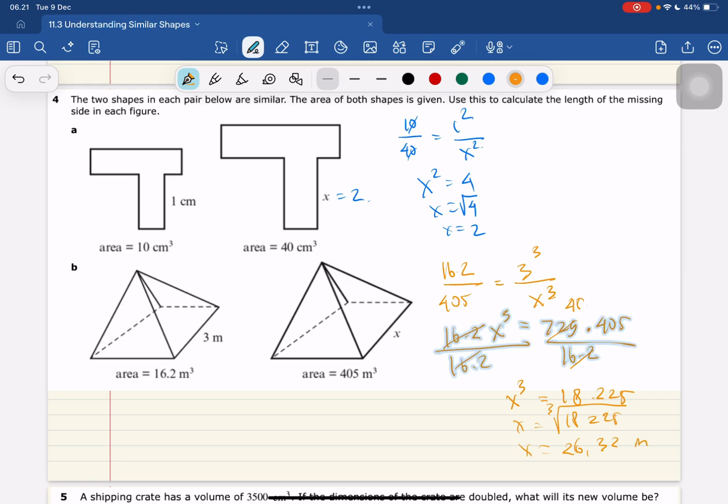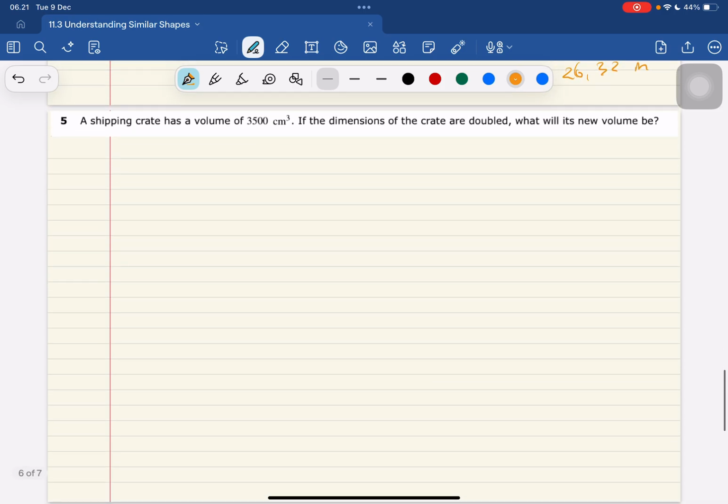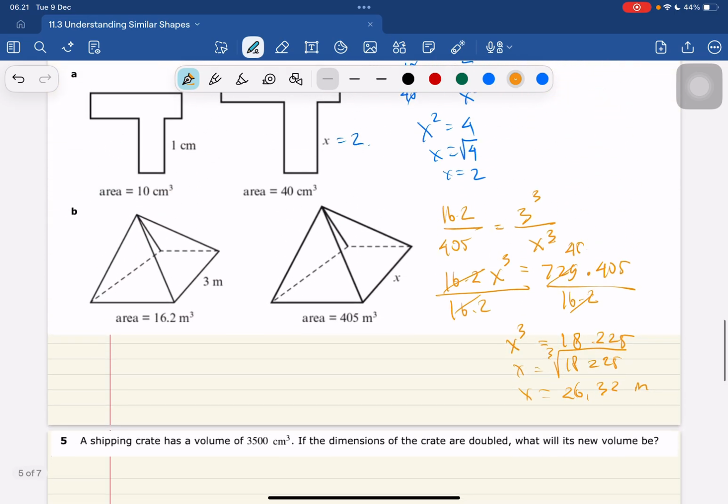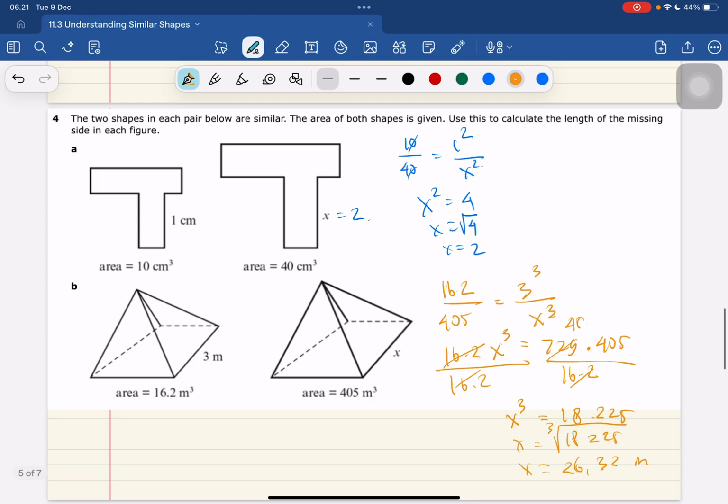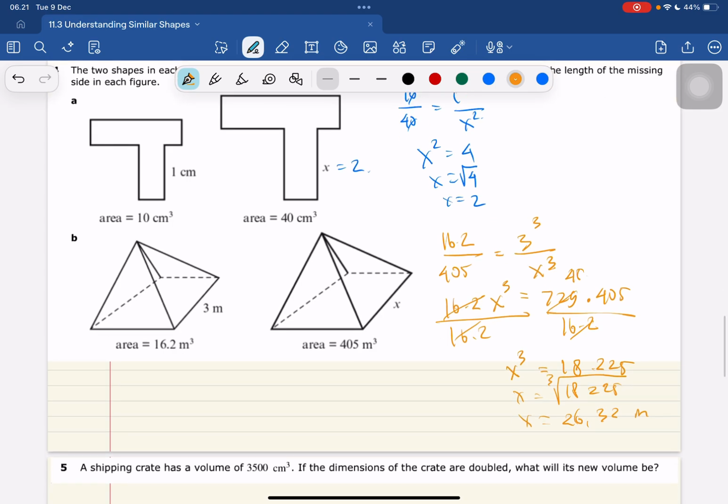Next, we are going to number 5. A shaving crate has a volume. Okay, the volume, so this is three dimensions. So this is the volume.